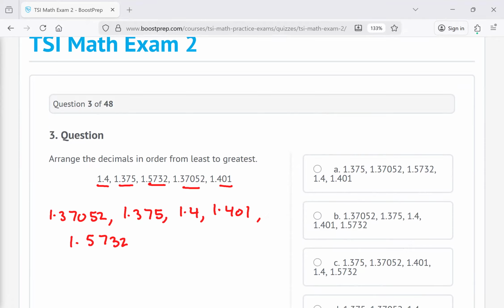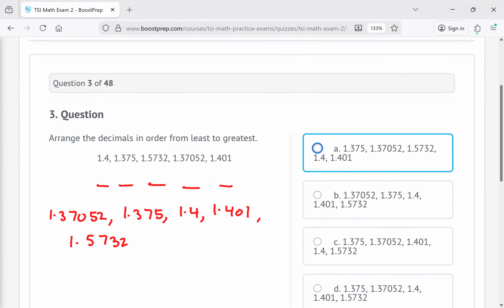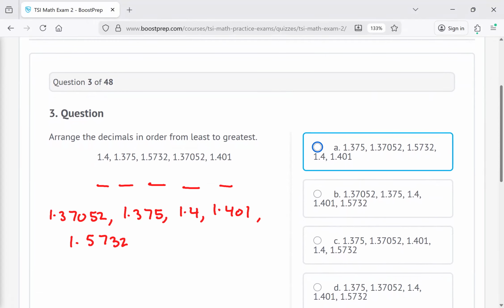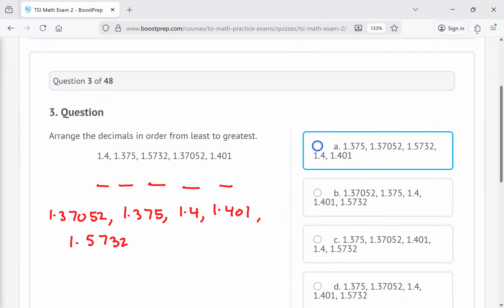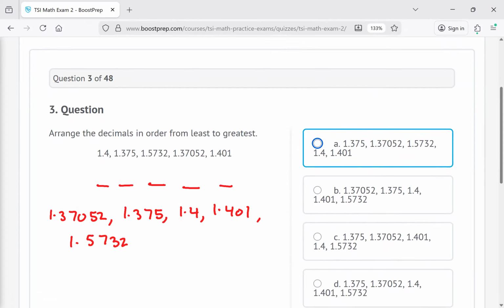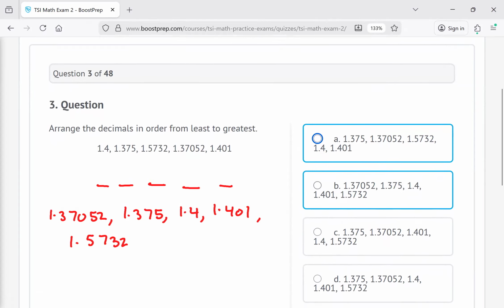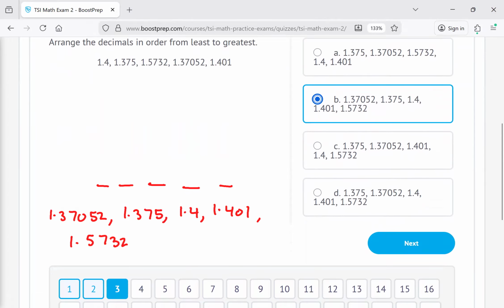It looks like letter B, right? 1.37052, 1.375, 1.4, 1.401, 1.573. Correct.